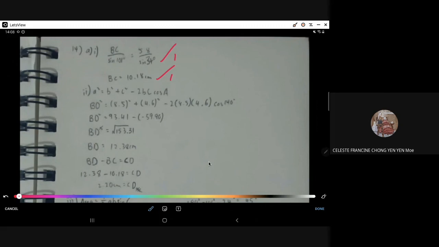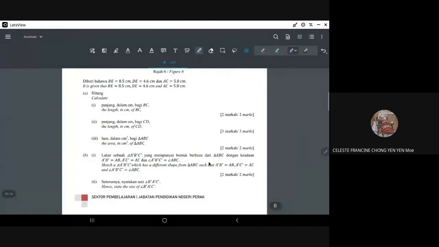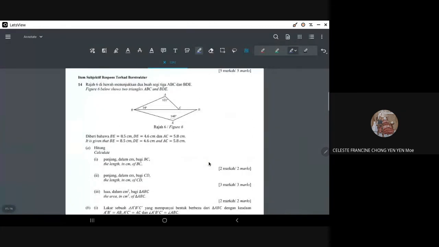Then for the next question, it wants us to find the length of CD. In order to do so, we can use the cosine rule. a square equals b square plus c square minus 2bc cos A, because the length of two sides and the included angle is given. So we substitute the variables. BD square equals 8.5 square plus 4.6 square minus 2 times 8.5 times 4.6 cos 140.